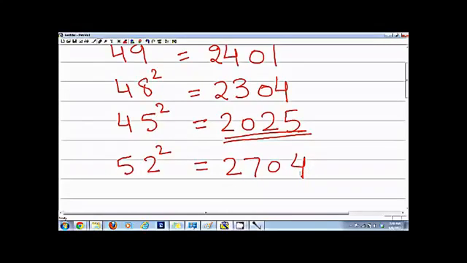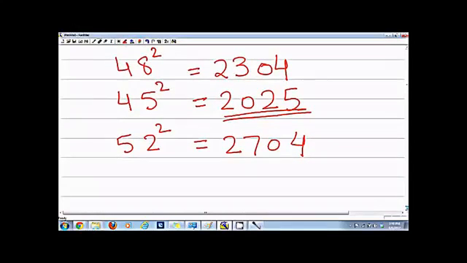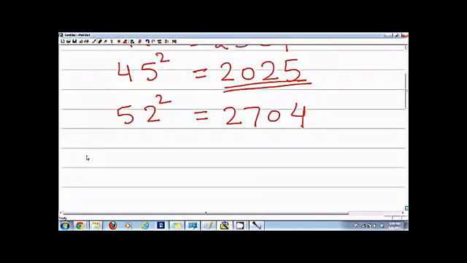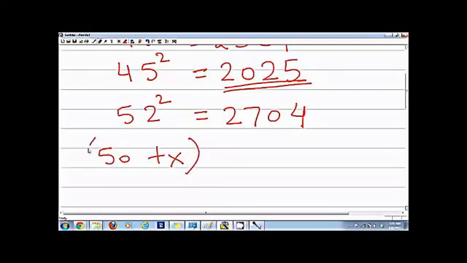So let's look at the proof. This is not magic, so I can show you how I come up with this trick. For example, if I have a number which is close to 50, so we have 50 plus x, and we take the square.